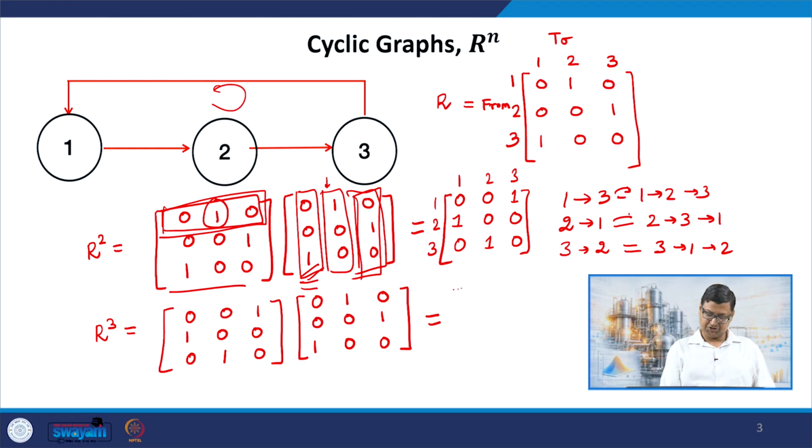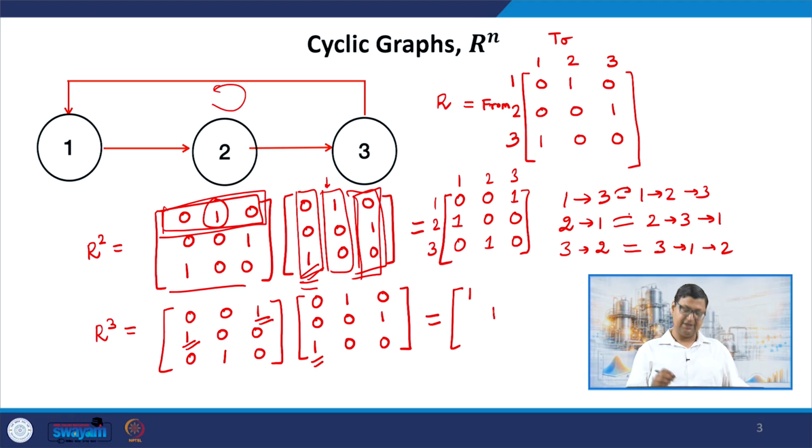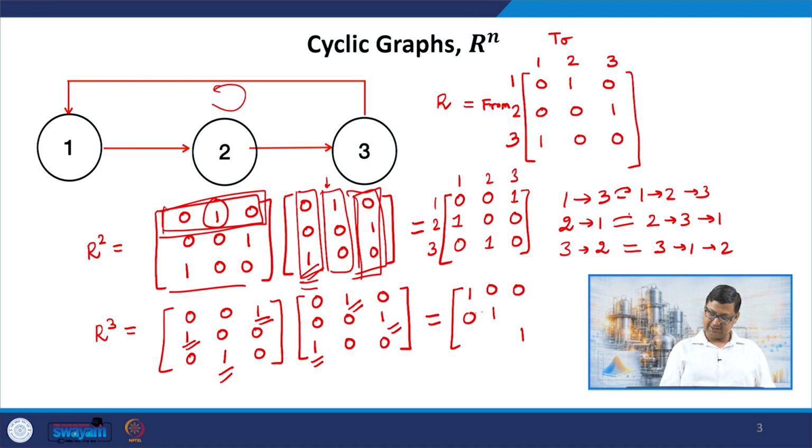So for the first row, the third element has to be equal to 1. That is true for the first column. So I put a 1 here. For the second row, the first element has to be 1. That is true for the second column. And for the third row, the second element has to be 1. That is true for the third column here. So this gives me my new matrix.